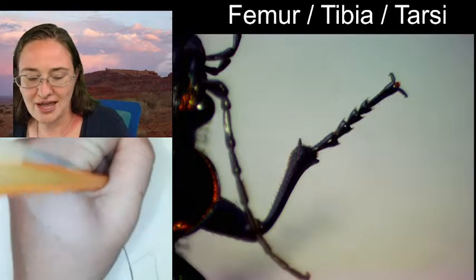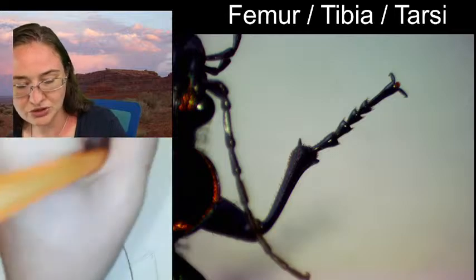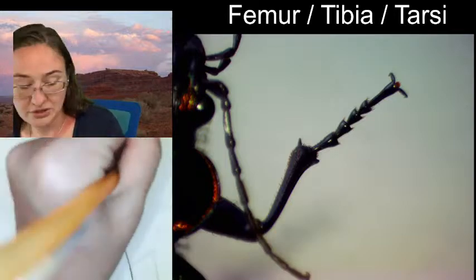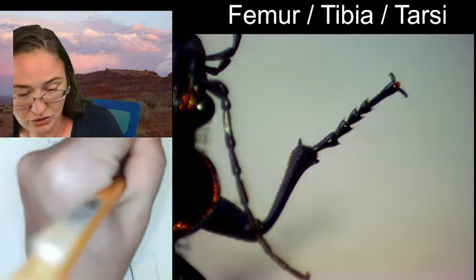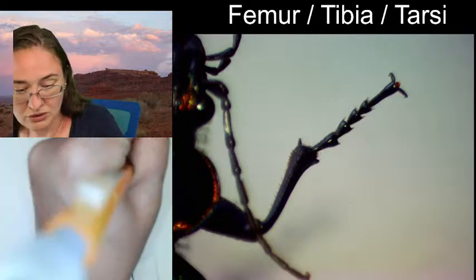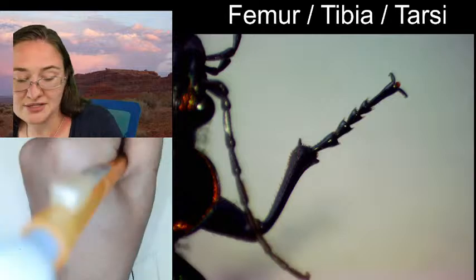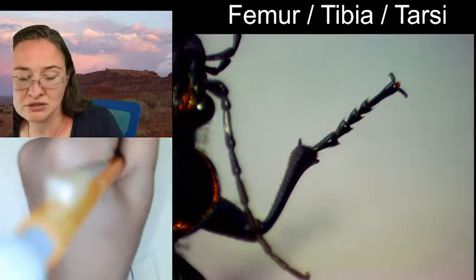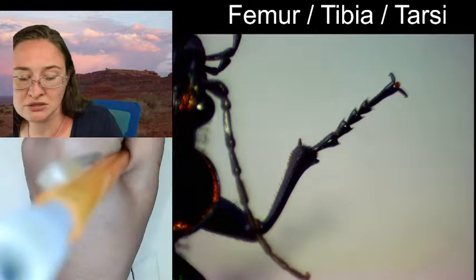So you go ahead and go 1, 2, and they do get small. I think that mine started a little bit too big, but we'll 3, 4. And then the last one is kind of long.